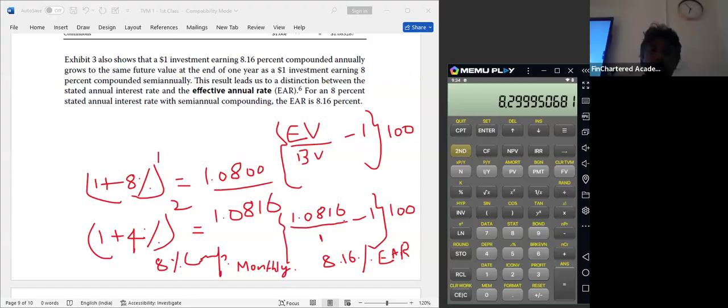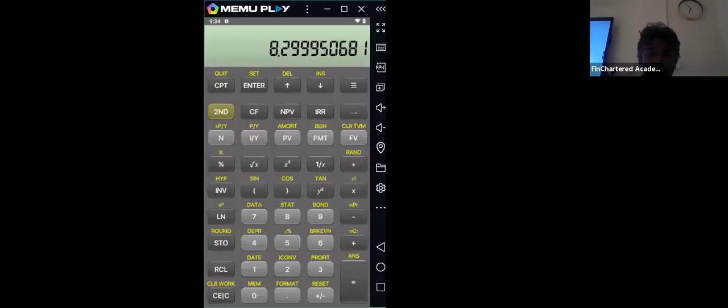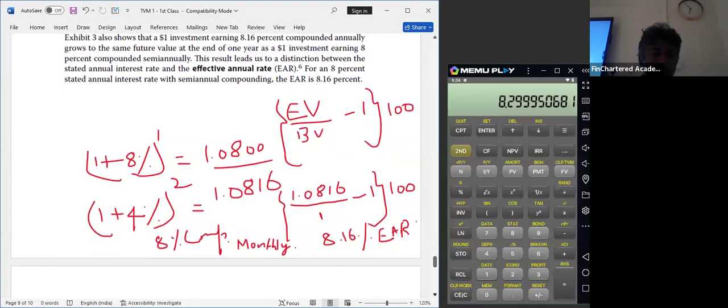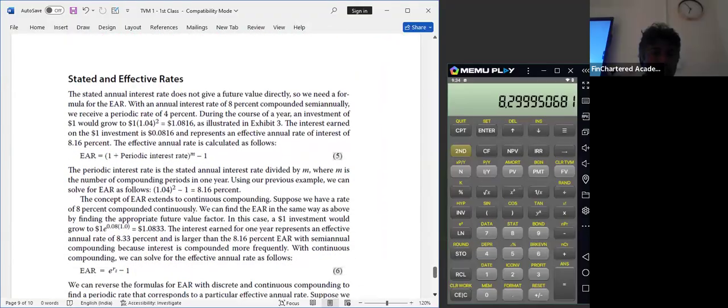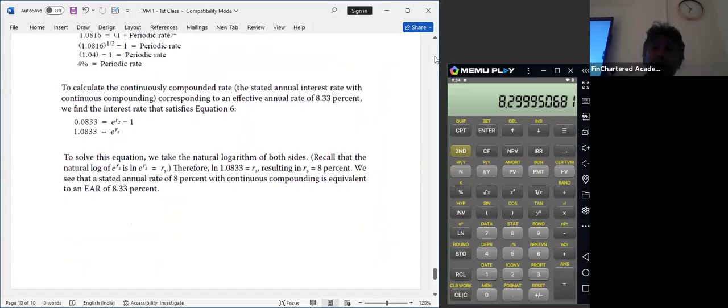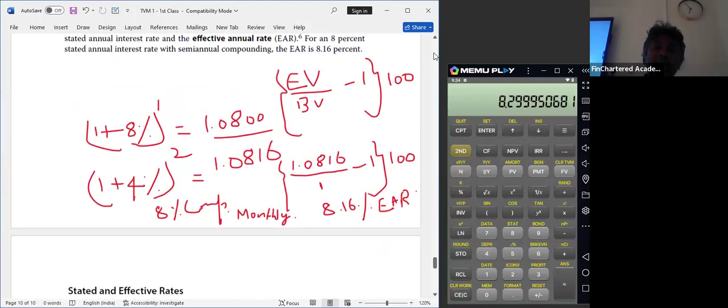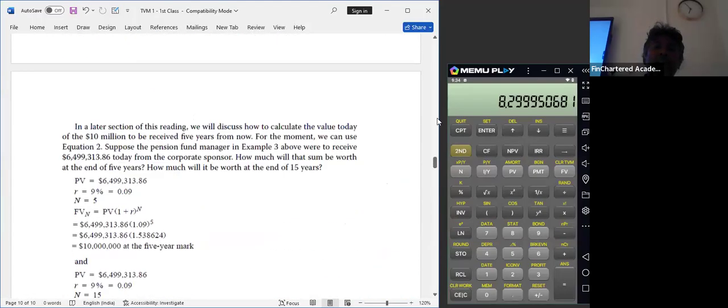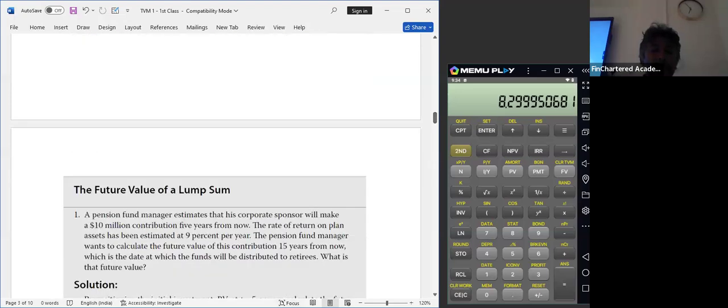That is one concept. Then, as a summary, what have we done so far? We have learned the time value of money.